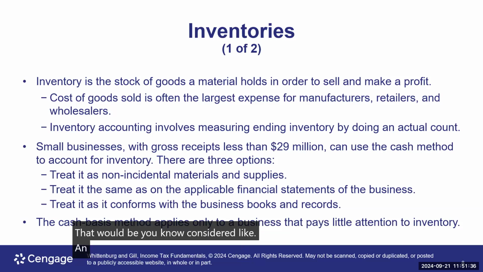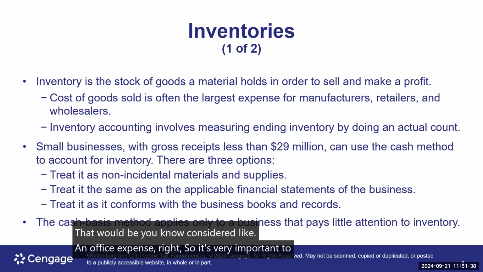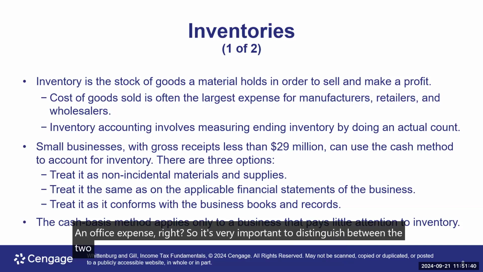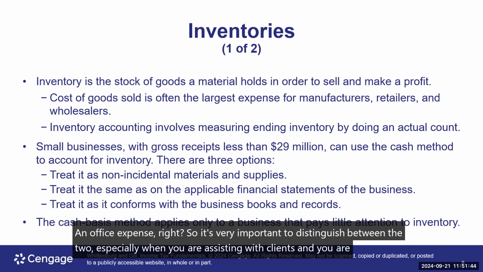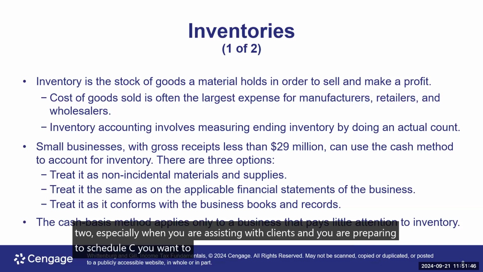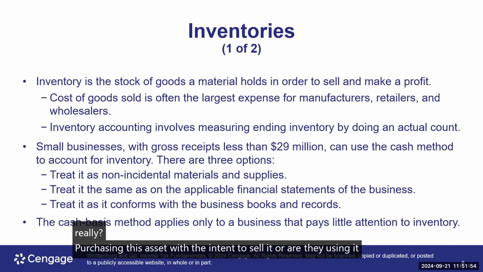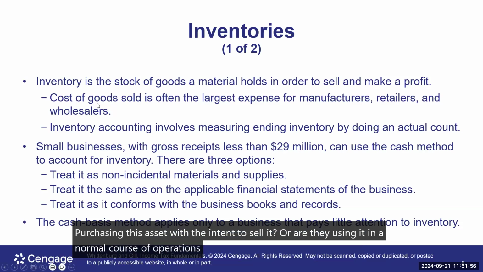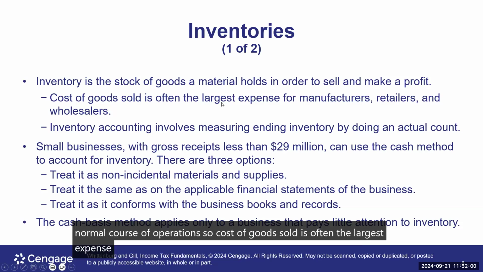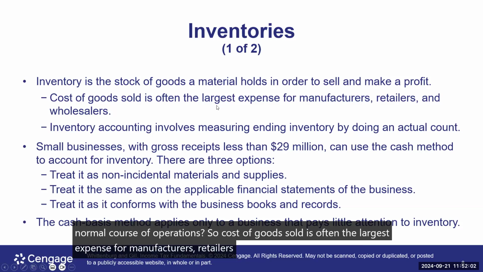So it's very important to distinguish between the two, especially when you are assisting clients and preparing Schedule C. You want to differentiate: is this really inventory? Are they really purchasing this asset with the intent to sell it, or are they using it in the normal course of operations? Cost of goods sold is often the largest expense for manufacturers, retailers, and wholesalers.